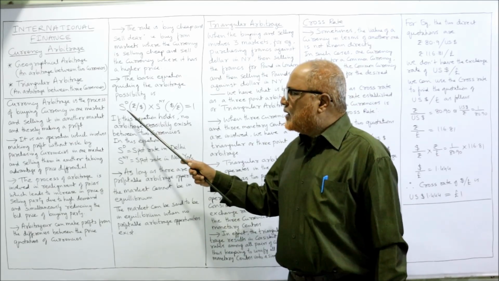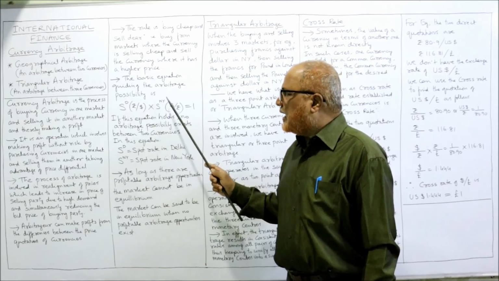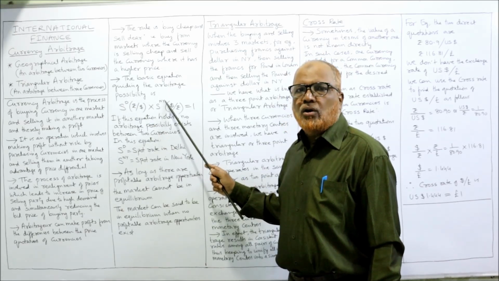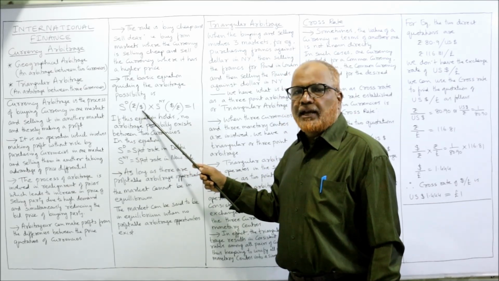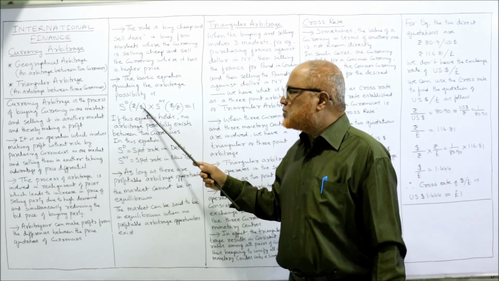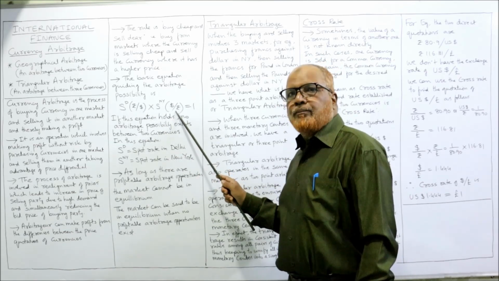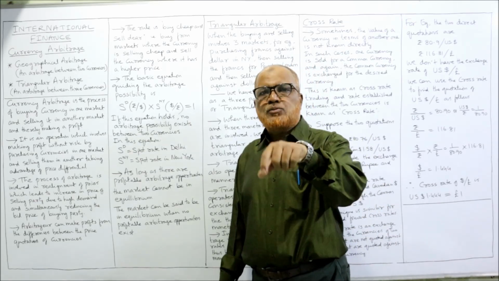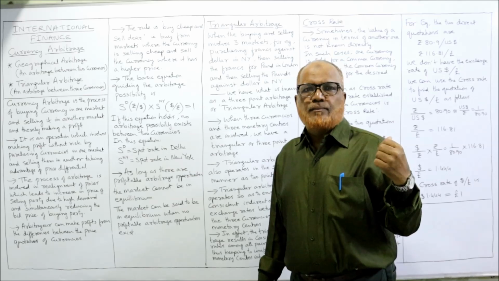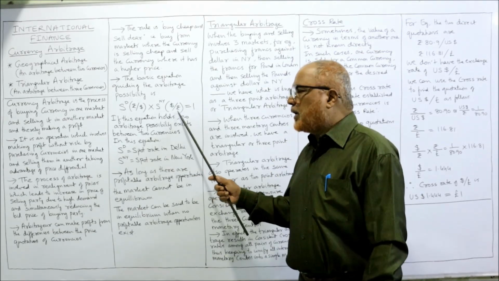What is that equation? Spot price in Delhi, where D stands for Delhi and NY stands for New York. So Delhi spot rate is rupees per dollar. In Delhi, the quotation is rupees per dollar and the spot rate in New York is dollar per rupee. So in India, we have the direct quotation, rupees per dollar. In the US, in New York, the direct quotation is dollar per rupee.